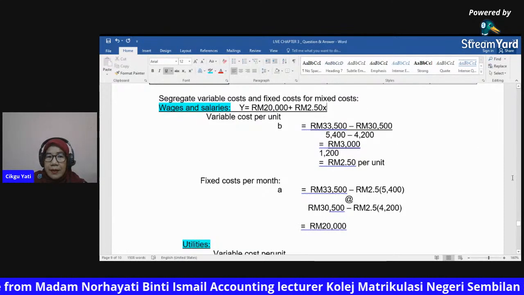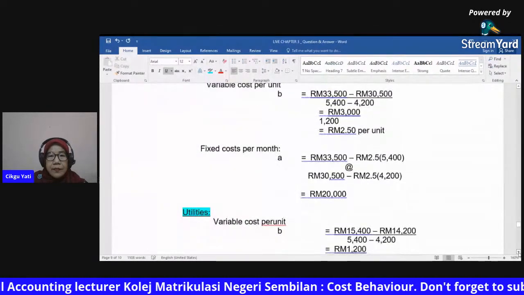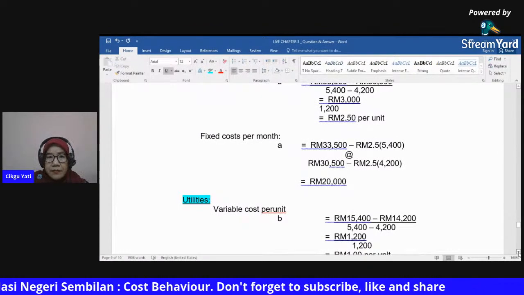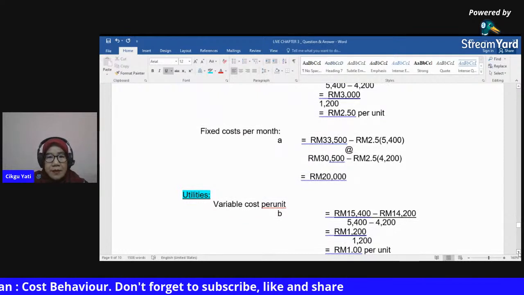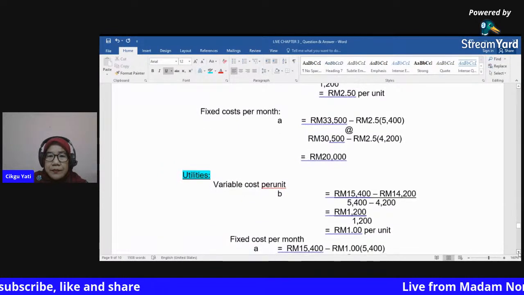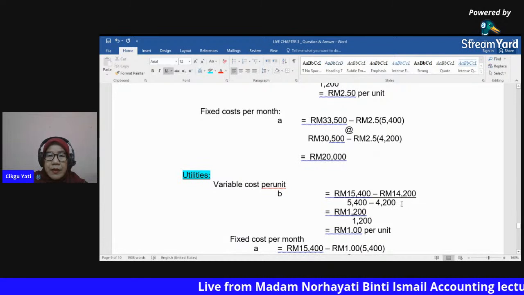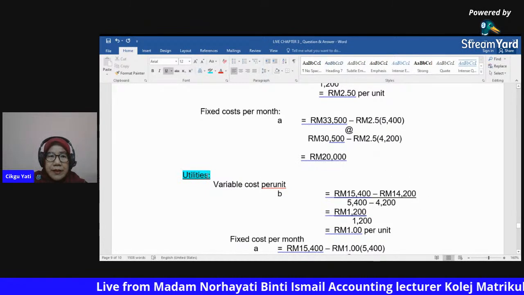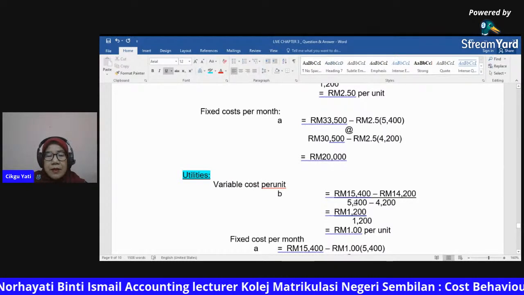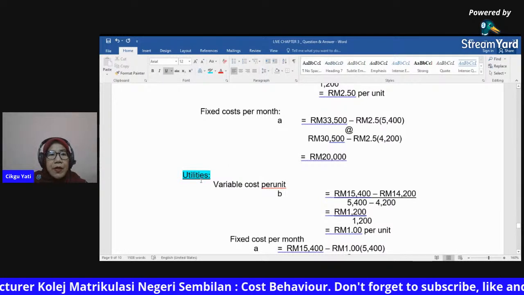Now, we look at the next cost item, utilities. You have to do the same steps. You have to calculate the variable cost per unit. So you just take the lowest unit with the lowest cost for utilities, this one for 2018, and this one for 2019 with the cost of 2019 for utilities.